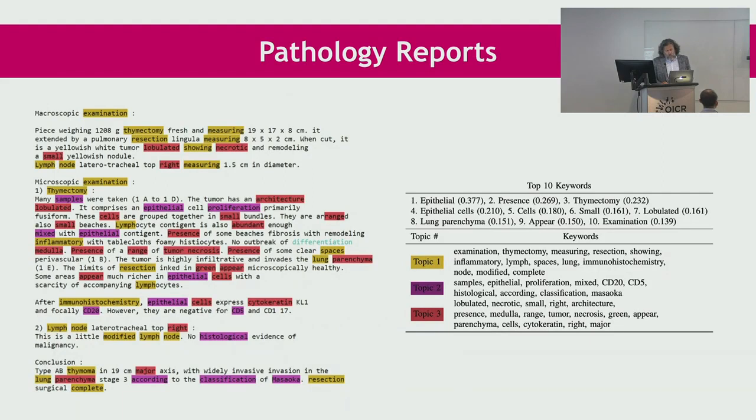But what we can do with pathology reports, and many people have started looking into that, is go through some natural language processing, get the keywords, get the phrases, and recognize topics within the pathology reports. And again, I'm circling back to the NCI data with 33,000 glass slides and corresponding pathology reports.